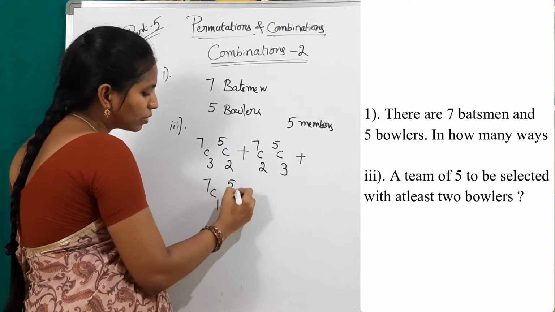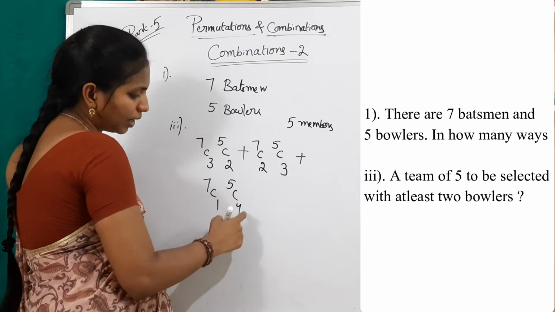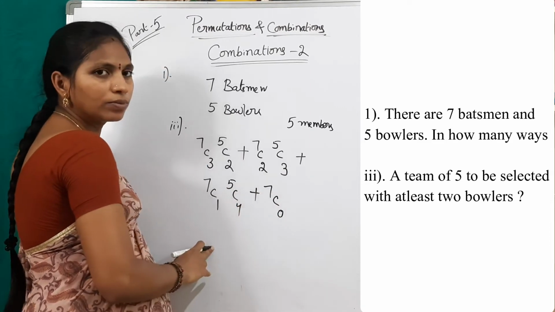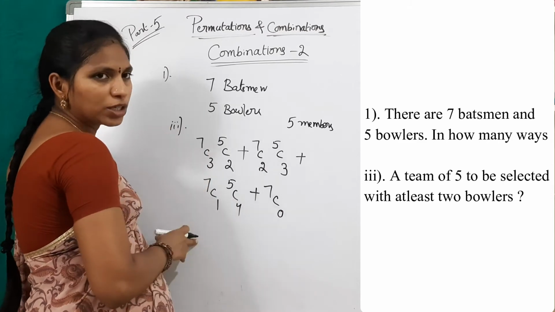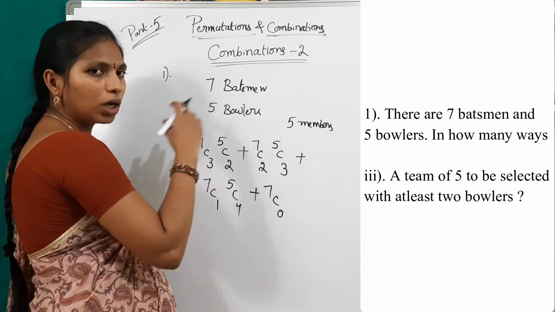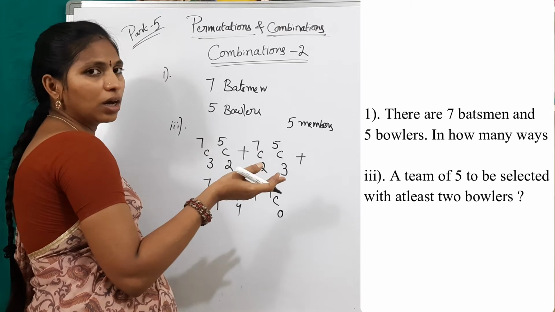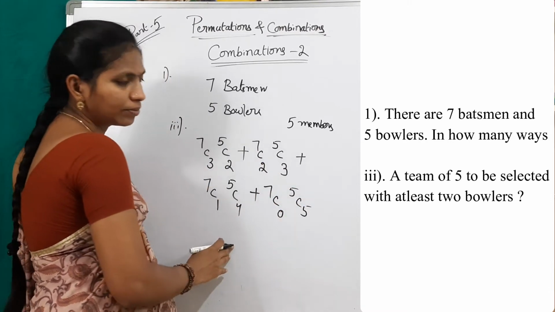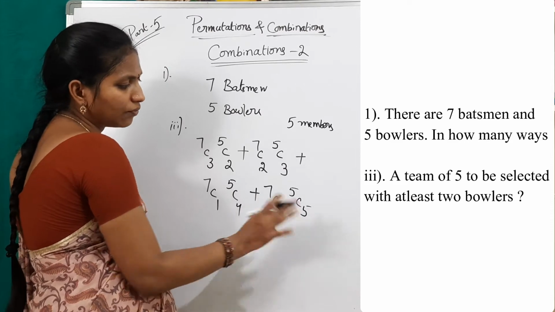Again total 5 members. Plus 7C0, I don't want to select batsmen. I want to select all our bowlers because at least 2 bowlers. So 5C5. 7C0 and 5C5.